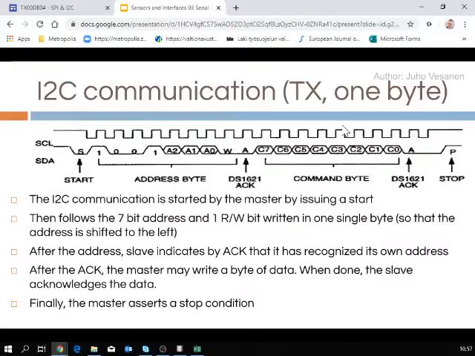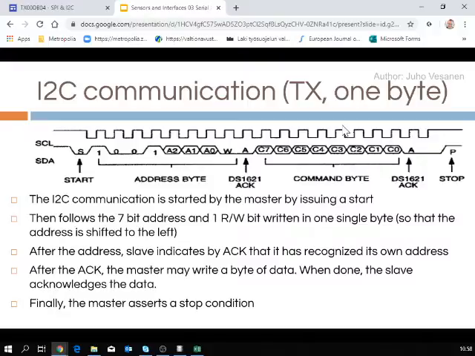Starting a transmission means that we have, okay, that's the clock line. This is the data line. Sorry about the offset. So we have the clock line high, and the data line goes low. So at the same time as the clock is high, if the data line goes low, all the devices know there's a start of transmission.